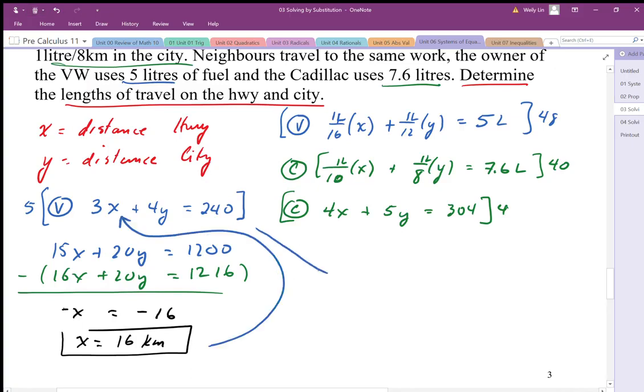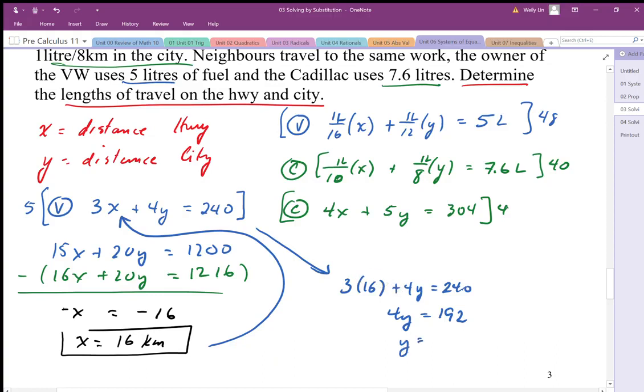When I do that, I end up with 3 times 16 plus 4 times y equals 240. For y, I subtract 48 from both sides and get 192. Just double checking my work here, 3 times x, yeah, looks right. x is 16.